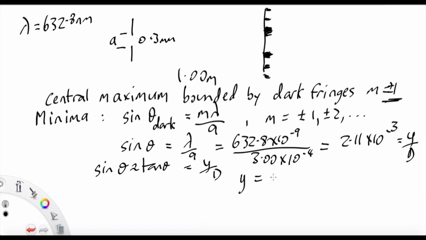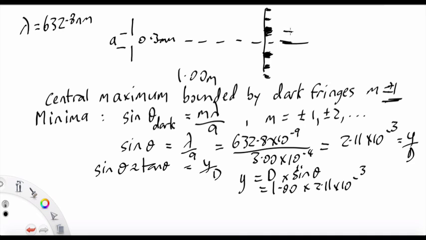So y equals d times tan theta, but really we're making it approximately sine theta. So it is 1 meter times 2.11 times 10 to the minus 3. And that is the distance from the center line to the first minimum.